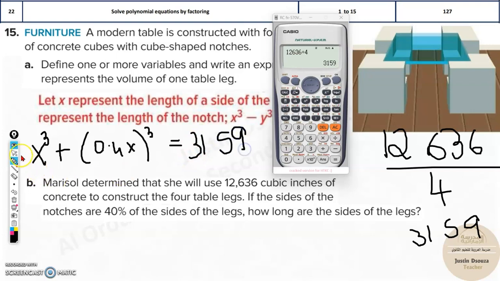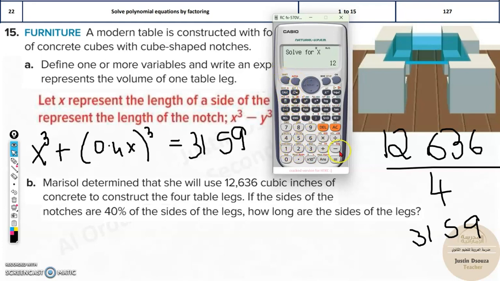3159. Now don't directly use your calculator and solve. Well, you can use it, I believe. We can try x cubed plus 0.4x, close the brackets, and cube it, equals 3159.